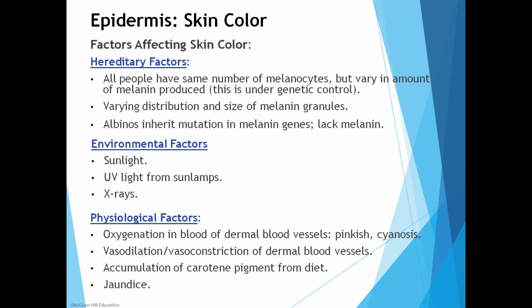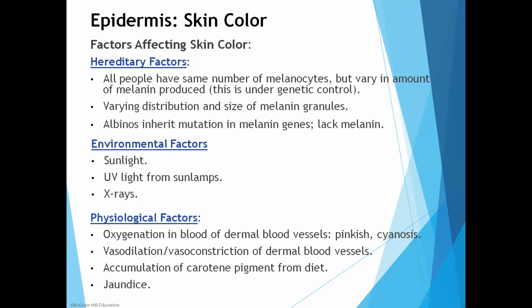Now, some really cool things when we actually talk about skin, when we think about the number of melanocytes a person has, every person is born with the same number of melanocytes. What changes, and this is where heredity and genetic factors play in, is the amount of melanin produced. So that is under genetic control. So we mentioned this before.